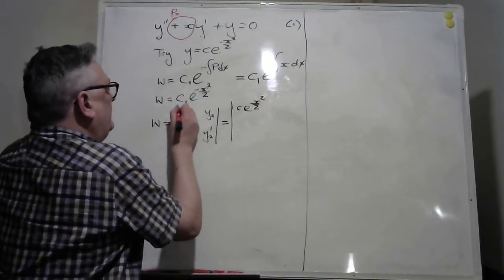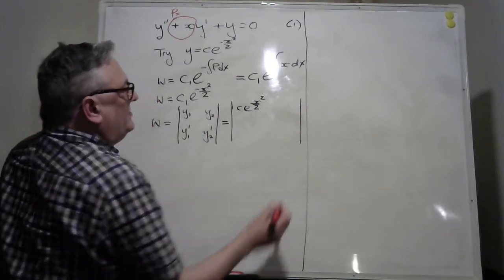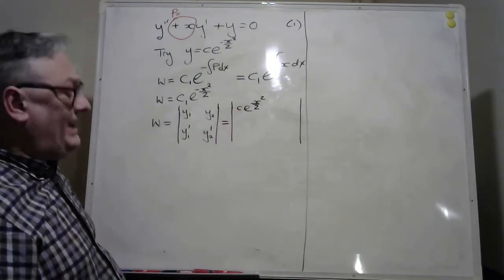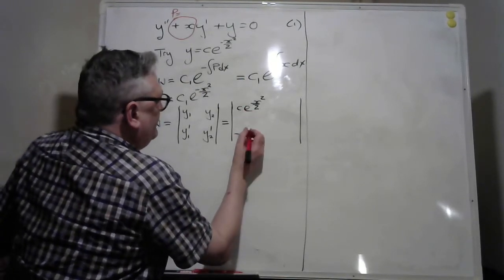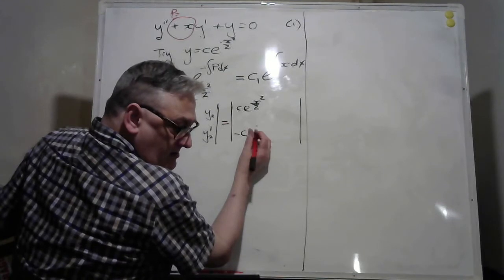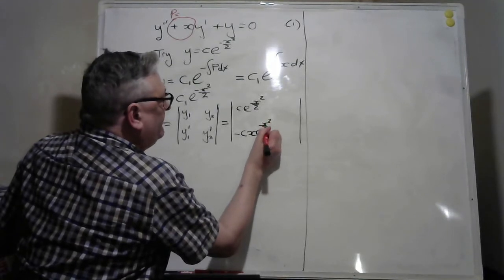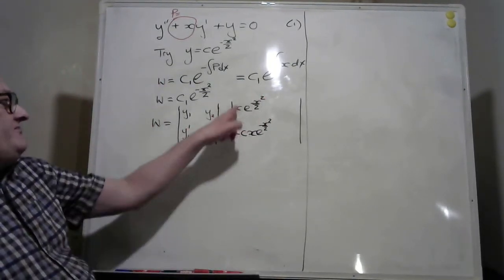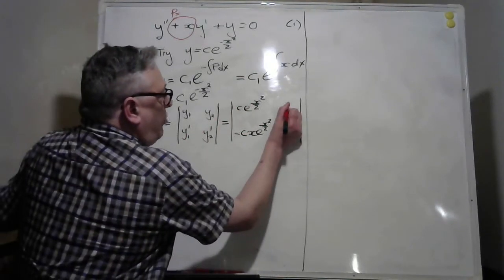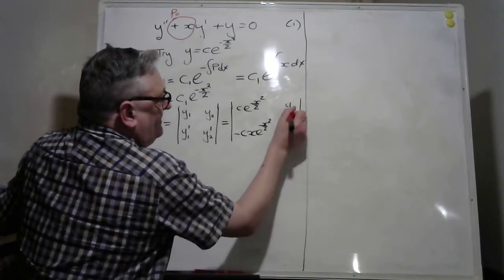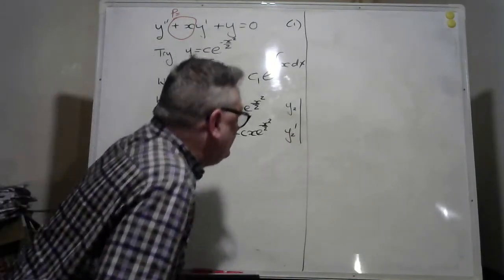Let's just extend those modulus signs a little. And we know that the derivative of that is, oh, and that's c. So we've got c x e to the minus x squared over 2 as the derivative of this function here. So differentiate that, you get that. And of course, y2 remains just as y2, and y2 prime remains just as y2 prime.